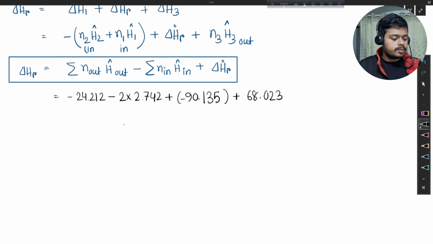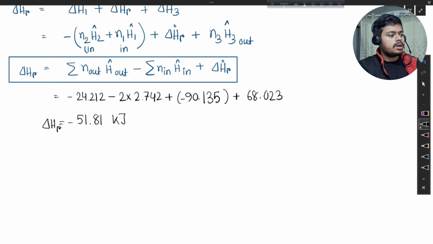So the ultimate value is going to be minus 51.881 kilojoules. So that's delta H R.